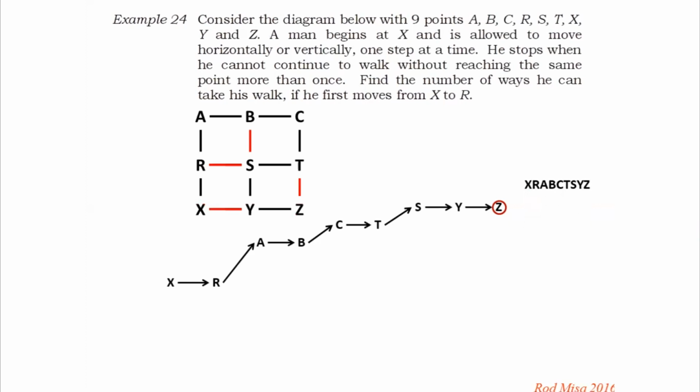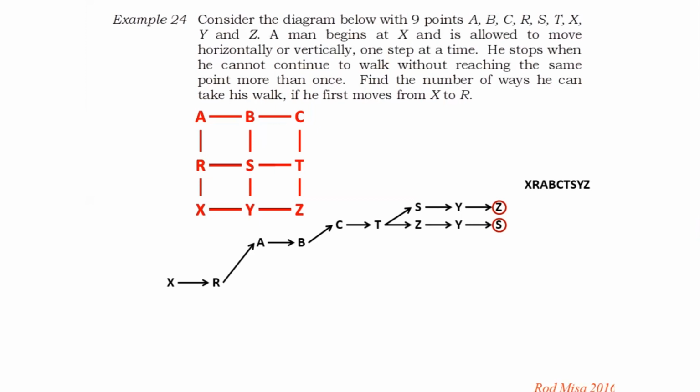But suppose he takes the walk from X to R, A, B, C, T, but instead of moving to S, he moves to Z, and then from Z to Y, and then from Y to S. And he stops because he has passed already the points B, T, Y, and R as his options for the next move here.